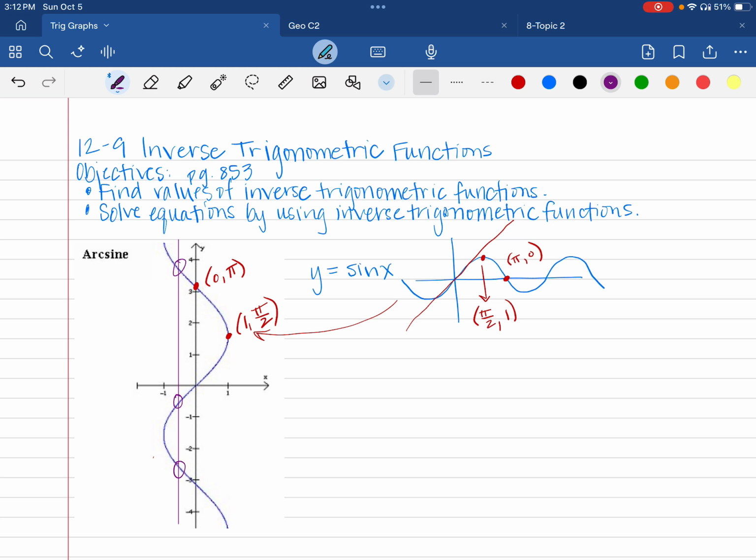So in order to call these inverse trigonometric functions, we have to limit the domain and the range so that we don't end up with multiple values hitting that vertical line. And we call those values in this restricted domain the principal values, which is one of our vocab terms.